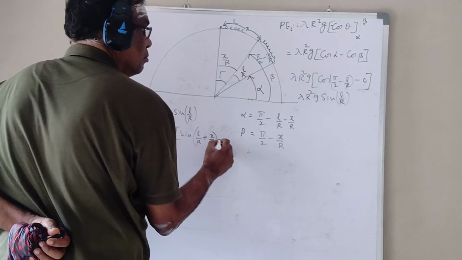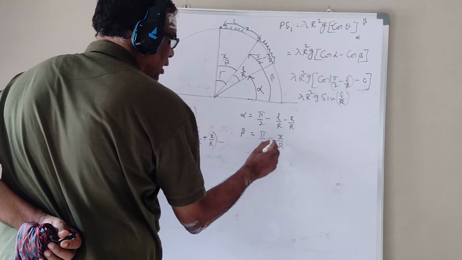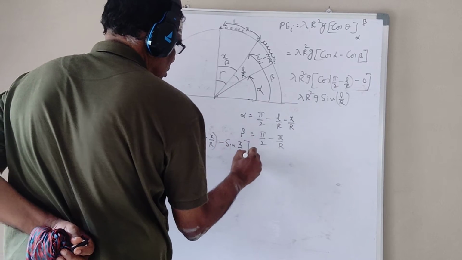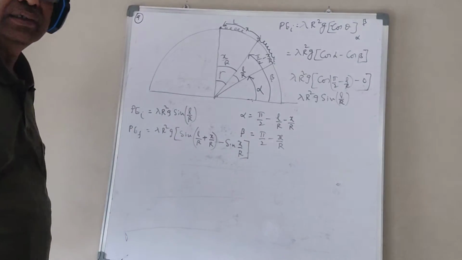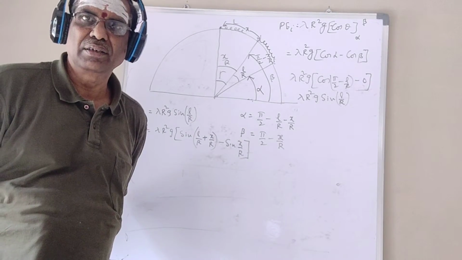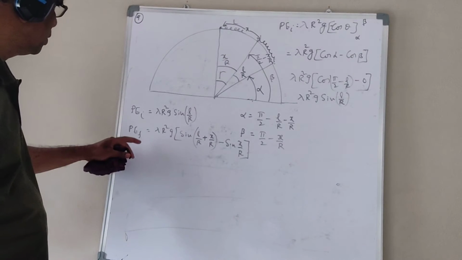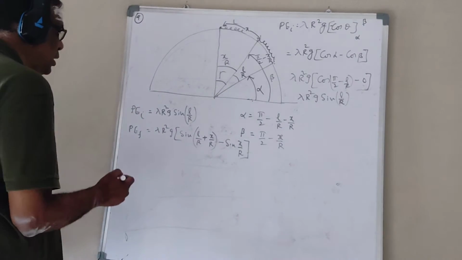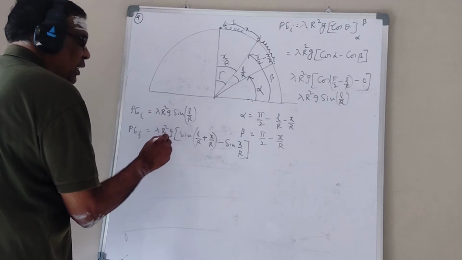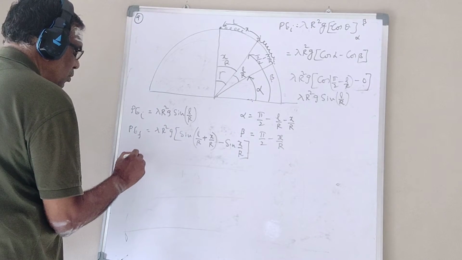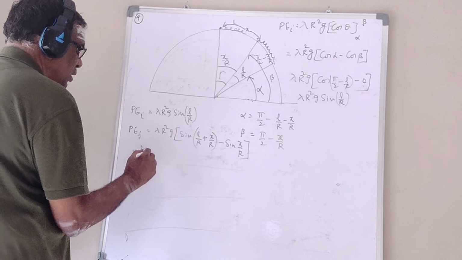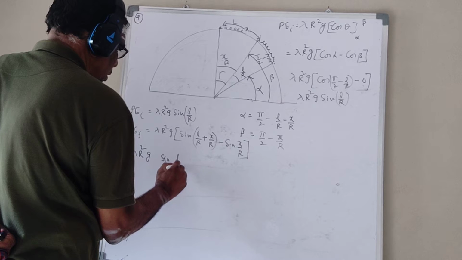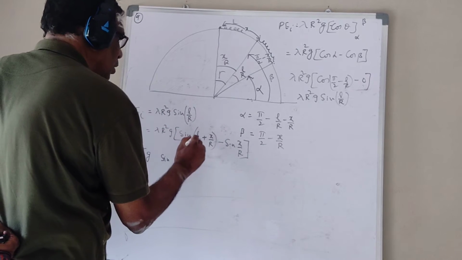cos beta minus cos beta is all this. So sine x by r. So you have initial potential energy, your final potential energy, this minus this. So lambda r square g sine of L by r is minus all this.